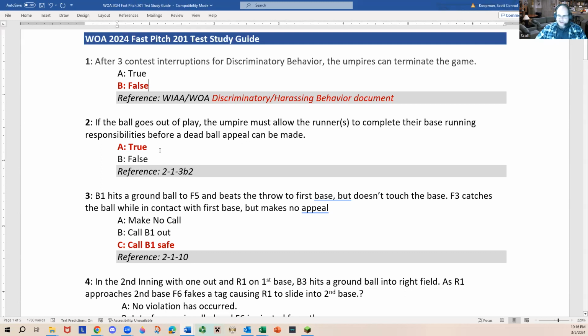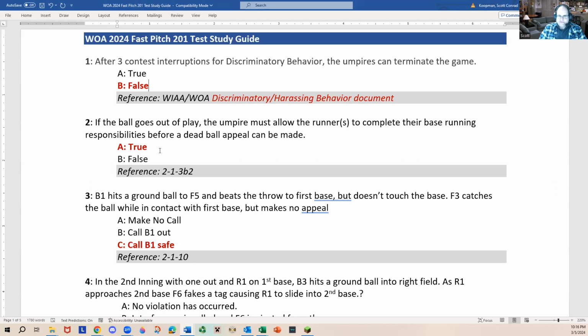So if somebody should be rounding first on their way to second and miss first base, the defensive team cannot appeal that, or the umpire will not honor the appeal until after the runner has made it all the way to second and they've completed their running responsibilities. All the runners have. Then they can honor the appeal and call the runner out for missing first.